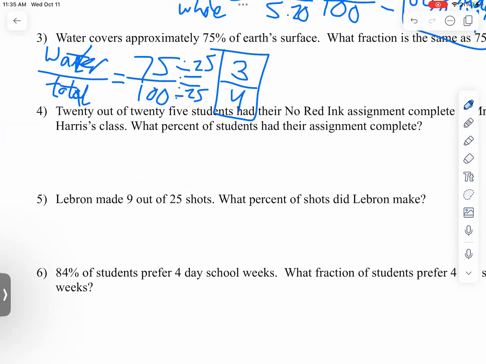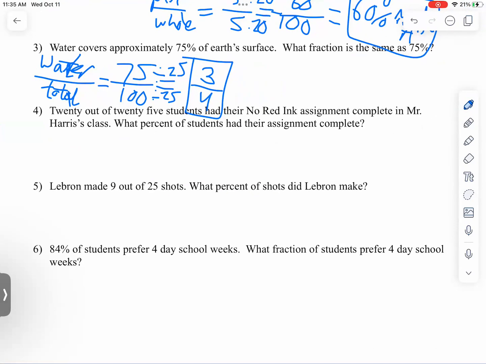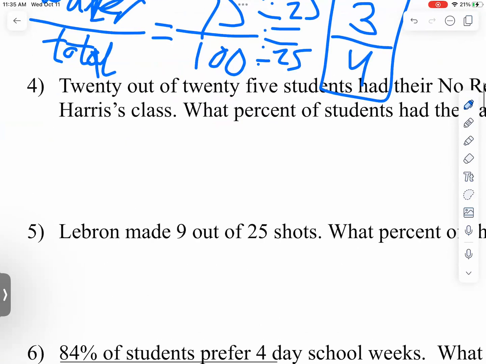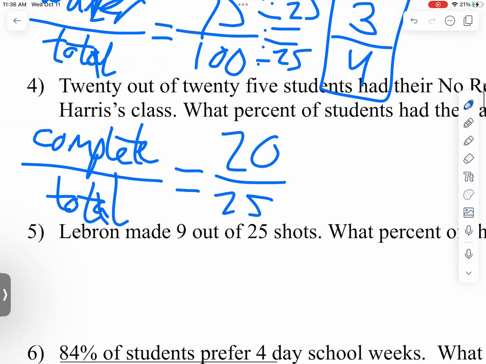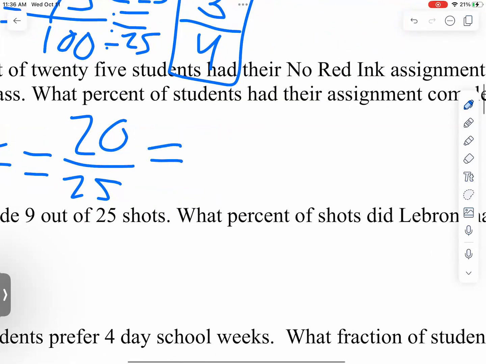Number 4, 20 out of 25 students had their no red ink assignment complete for Mr. Harris's class. What percent had the assignment complete? So we could put part out of whole, or we could put complete out of total or out of all the students. So 20 out of 25, and we're looking for the percent.